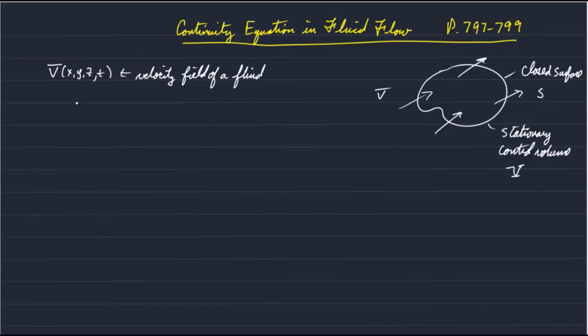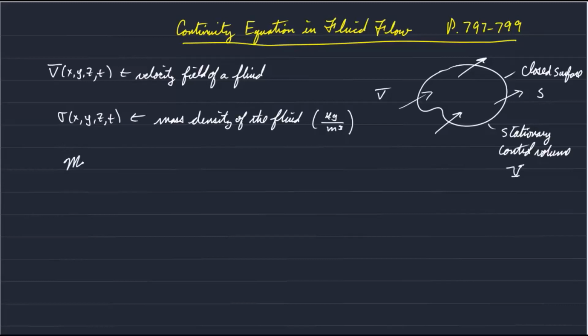And let's say that sigma is a scalar quantity that can vary, in general, with x, y, z, and time. And this corresponds to the mass density of the fluid. The units are, for example, kilograms per meter cubed. It's the amount of mass per volume of fluid.